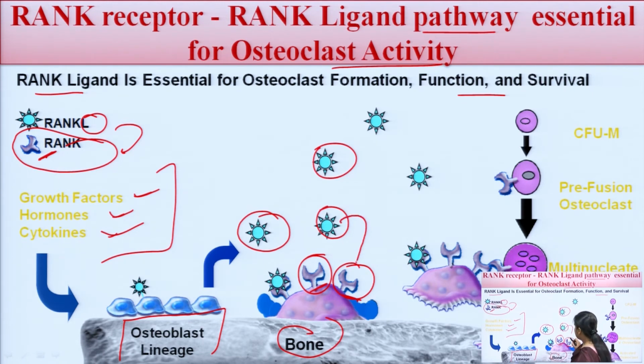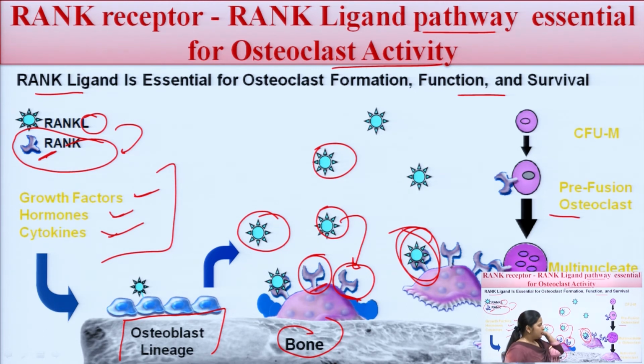What do they do? They attach, they bind with the RANK. And what happens when they attach with this CFU-M, then there is the prefusion of the osteoclast. Prefusion means now they are getting ready for the proper reshaping of the bone.